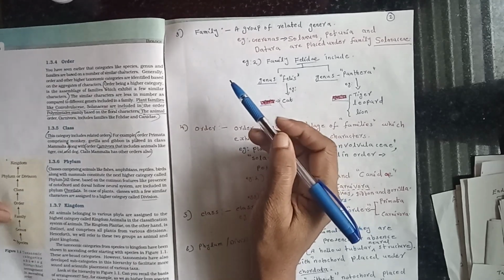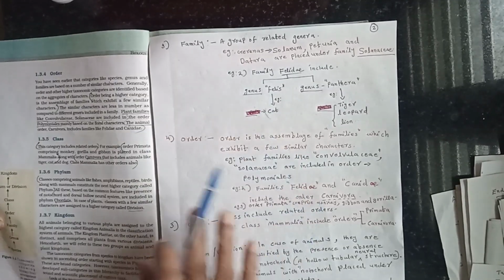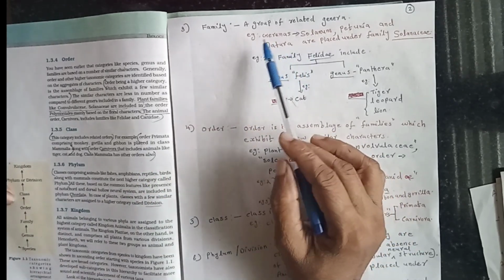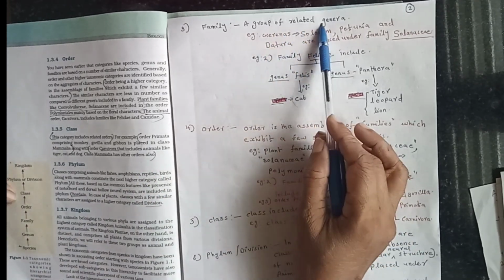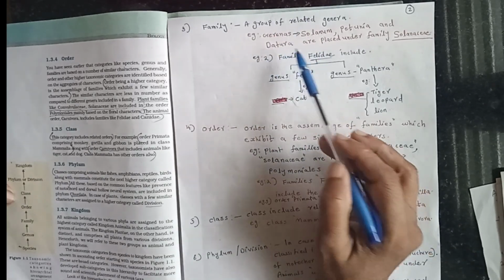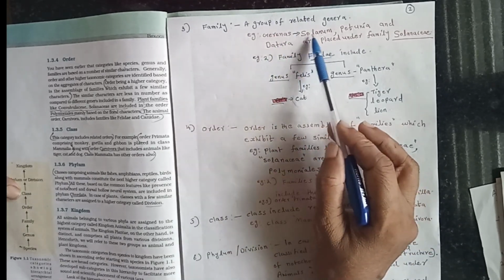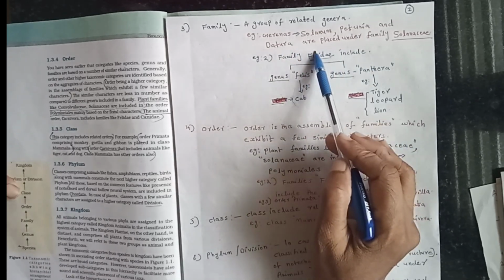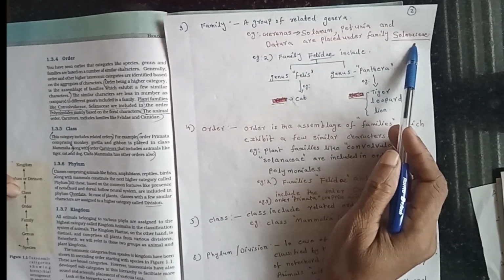Next higher category, family. Family is the next higher category. A group of related genera is included in a family. Example, genera Solanum, Petunia and Datura are placed under family Solanaceae.